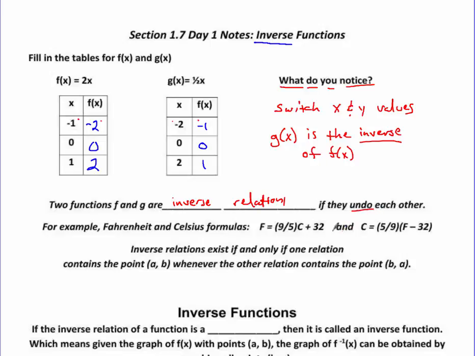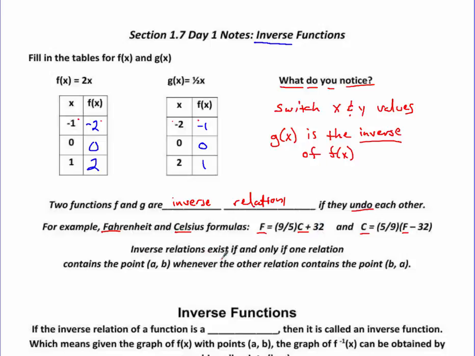So if you look at the formulas that you know from chemistry and probably from physics for Fahrenheit and Celsius, this formula converts from Celsius to Fahrenheit, and this formula converts back from Fahrenheit to Celsius. These two functions, even though you may not have known it, are inverses of each other.